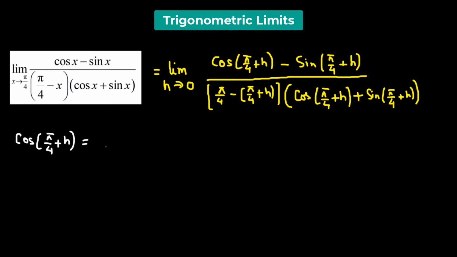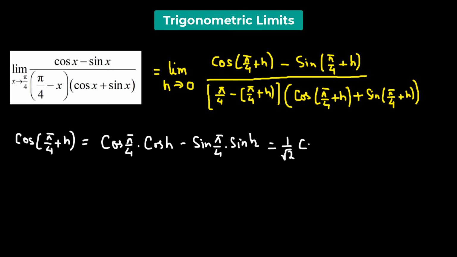When we expand it, this is going to give us cosine of a times cosine of b, which is h, minus sine of a times sine of b. So cosine of pi by 4 is 1 over root 2 times cosine of h minus 1 over square root of 2 times sine of h.